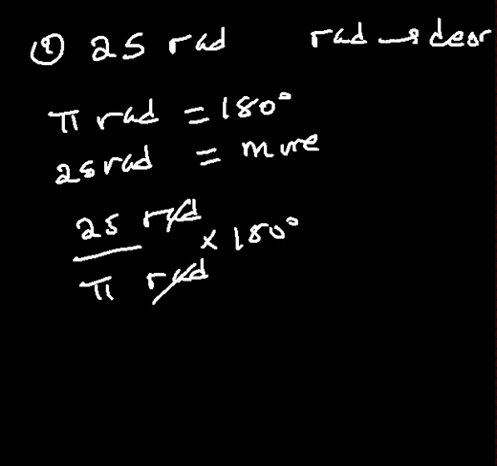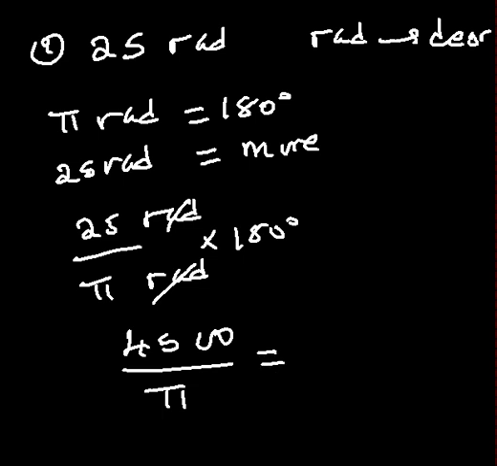So rad and rad will cancel, where I'll have it as 25 times 180. That is 4,500 divided by pi.